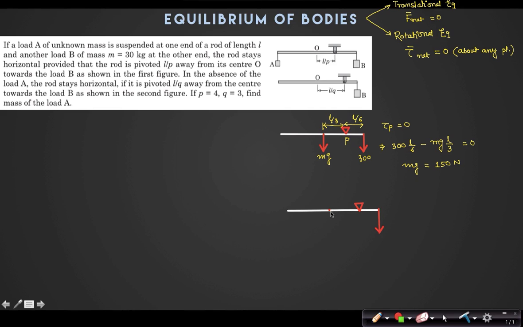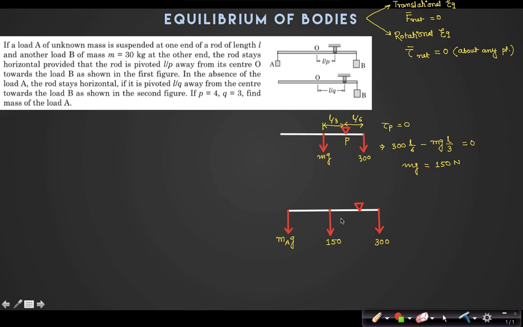The pivot point has changed, the location has changed. Weight is acting on the rod, and also there is a mass of block A. Suppose this mass of block A is MA. So MAG is acting downward. This is 150 Newton, weight of the rod, and this is 300 Newton.